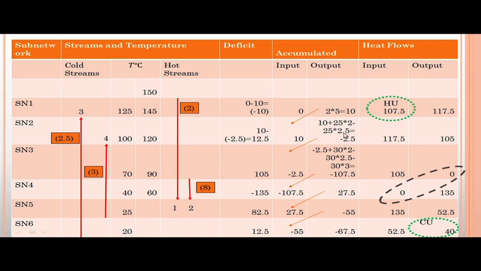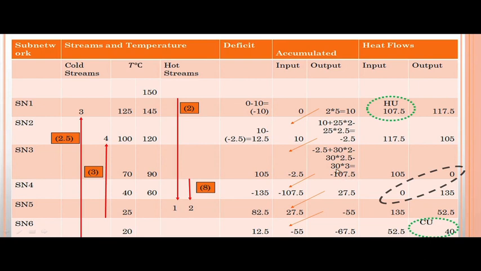Similarly, we complete the 3 columns, that is deficit column, input column and output column. Now, you see with all these things we have got a total deficit of minus 67.5. Not only that, in the output somewhere we are getting minus 107.5, which is the largest negative number.